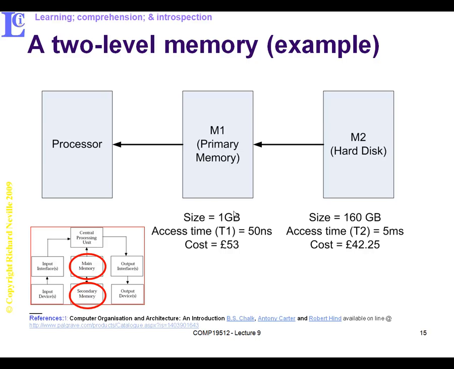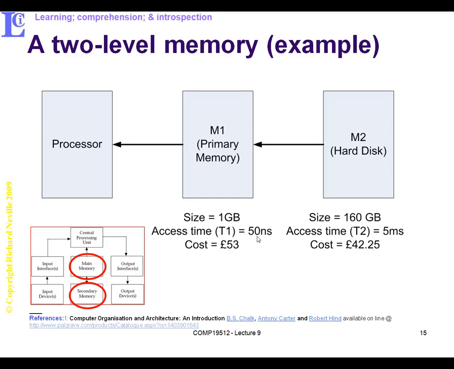Now the next bit of statistics we're going to be interested in is the size of the memory. So M1 has a size of 1 gig for this example. M2 has a size of 160 gigs. Now the next thing we're going to look at, which we were talking about implicitly in the previous slides, is the access time for T1 relating to M1 is 50 nanoseconds.